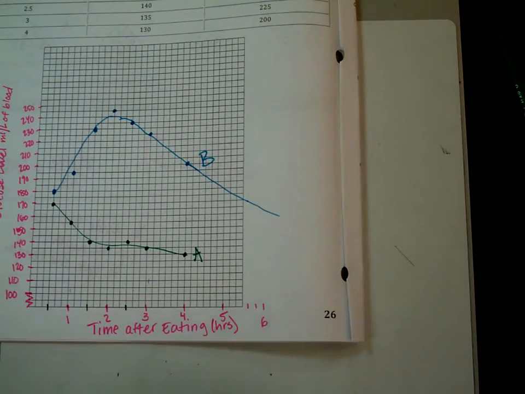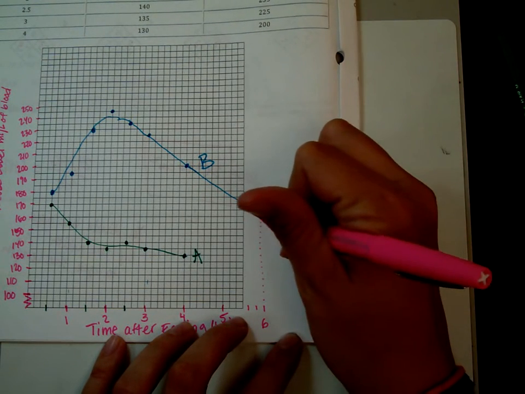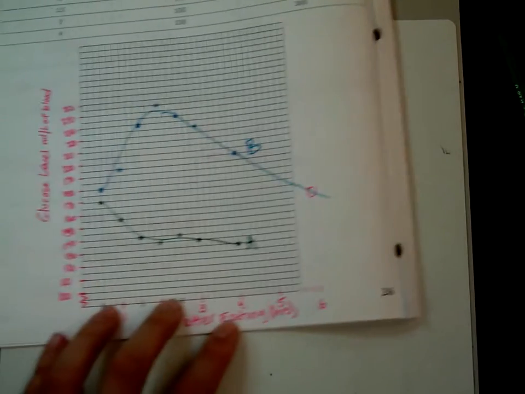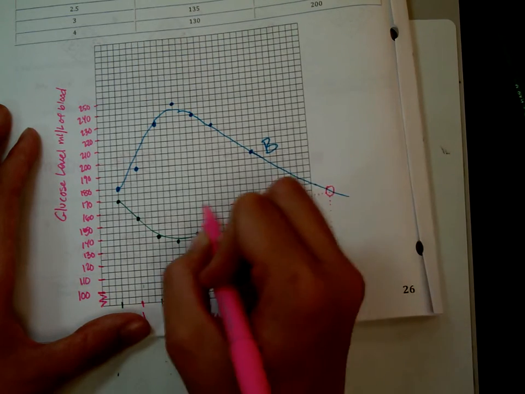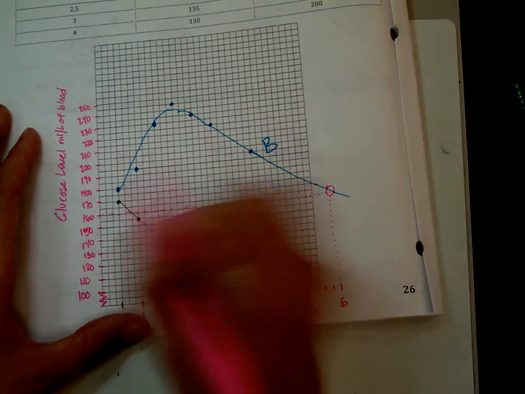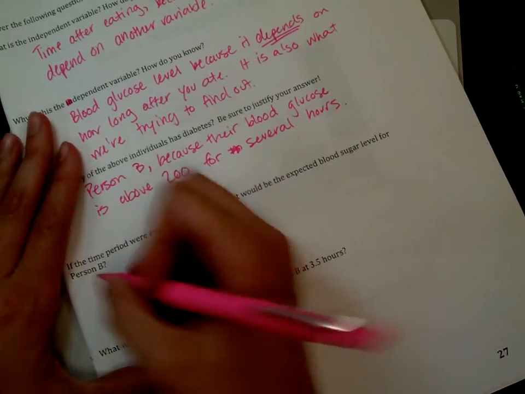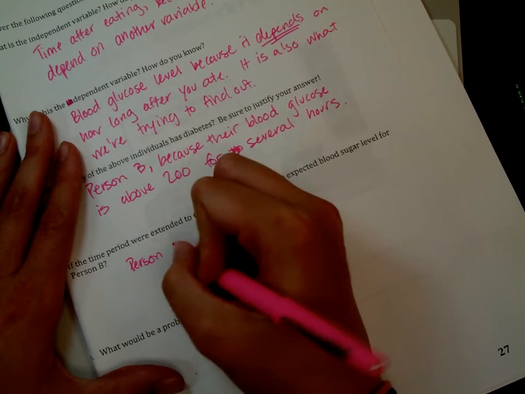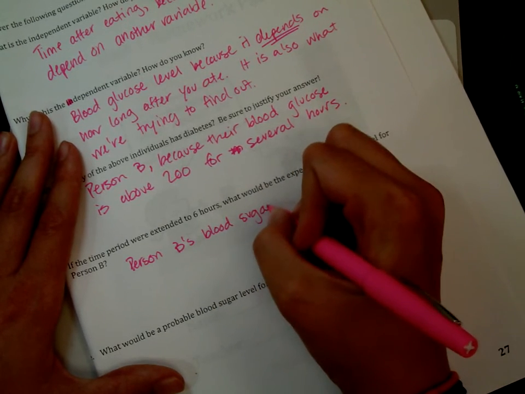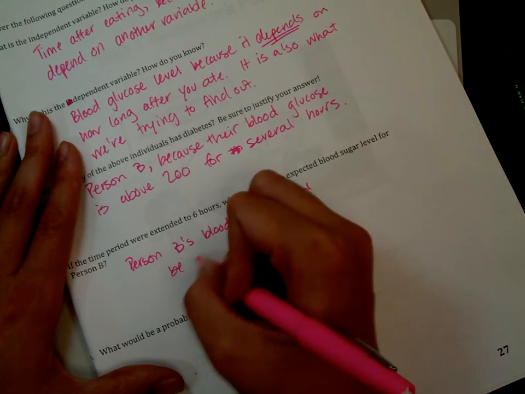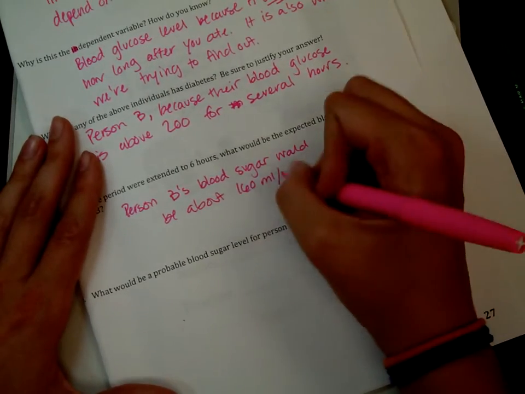If we follow this curve up from 6 hours, and follow this across, it shows that the blood sugar would be about 160. So person B's blood sugar would be about 160 milliliters per liter of blood.